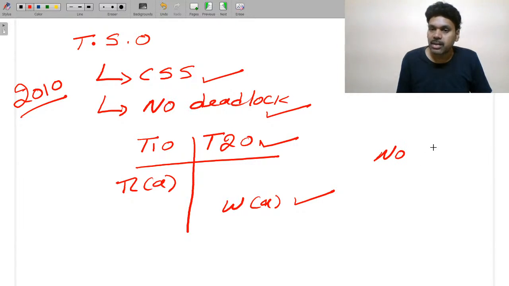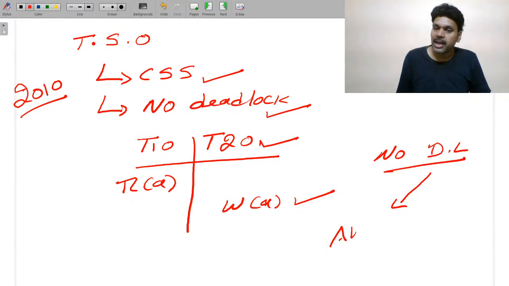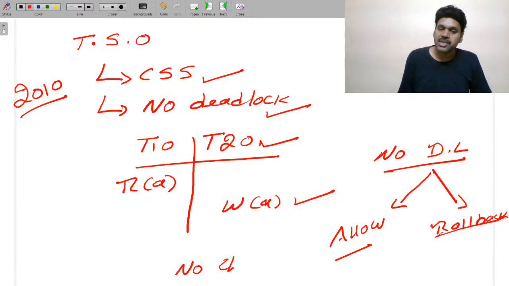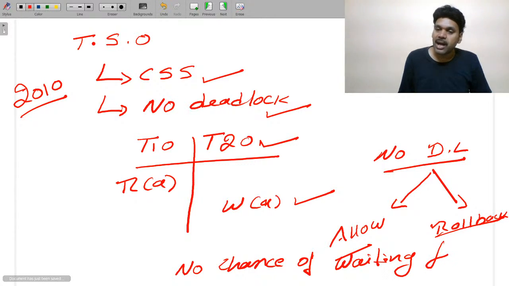Why no deadlock? Two conditions. Either you allow or roll back. There is no concept of waiting. Please understand. Either you allow or roll back, no chance of waiting for others.